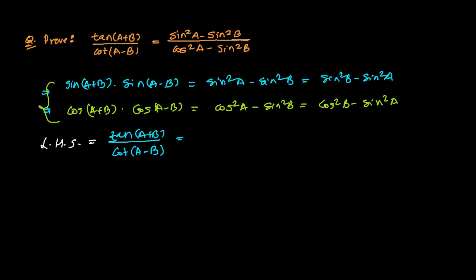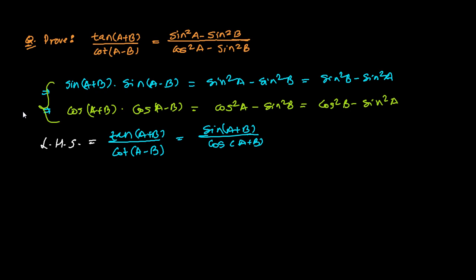Since our entire right hand side is in the form of sine and cos, I have to convert this tan and cotangent into sine and cos. Tan is the ratio of sine over cos, so I'll write sin(a+b) divided by cos(a+b).